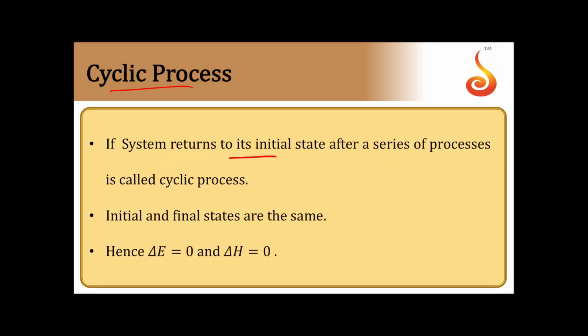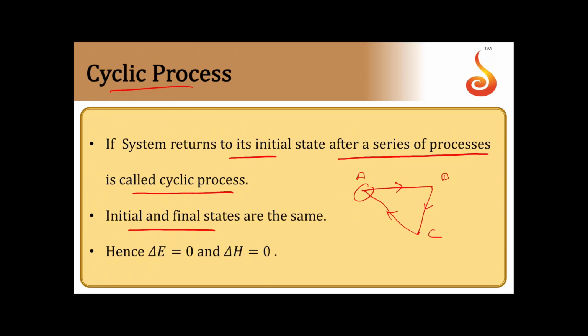If a system returns to its initial state after a series of processes, it is called a cyclic process. Initial and final states are the same in a cyclic process. Say, for example, a system is moving from A to B, again from B to C, and if C is moving back to A, then A to B, B to C, C to A is said to be a cyclic process.